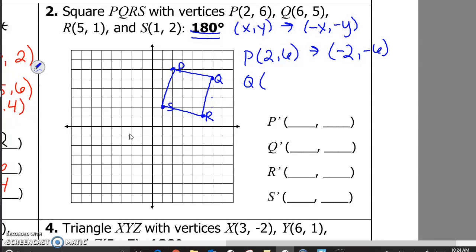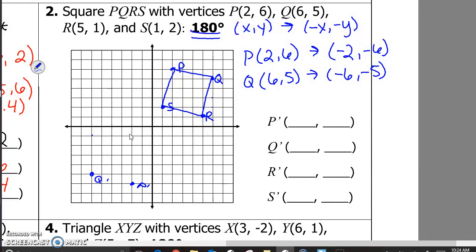Q is 6, 5, so the new point is going to be -6, -5. Plot those 2 points.